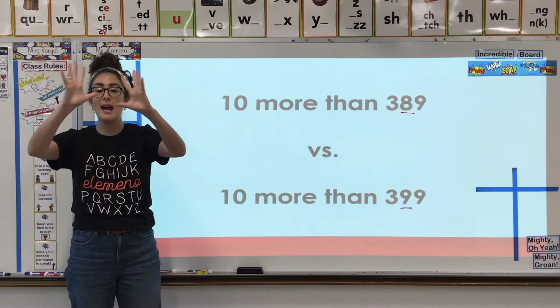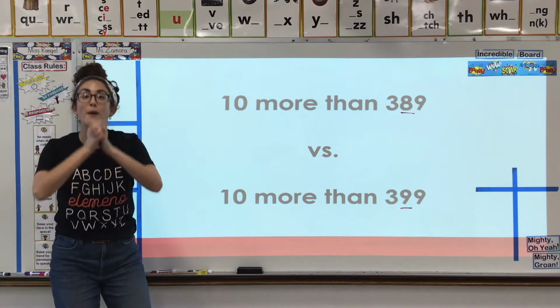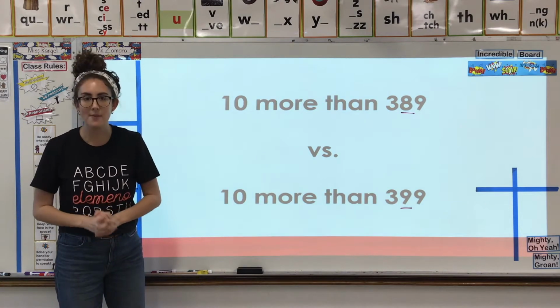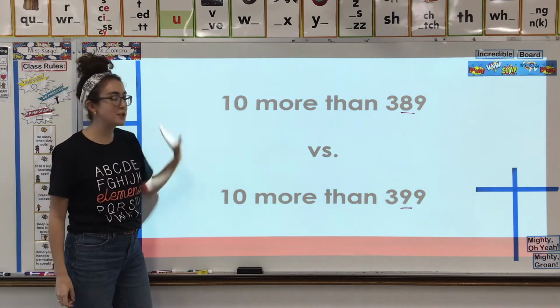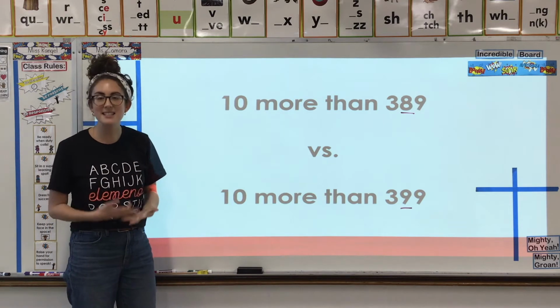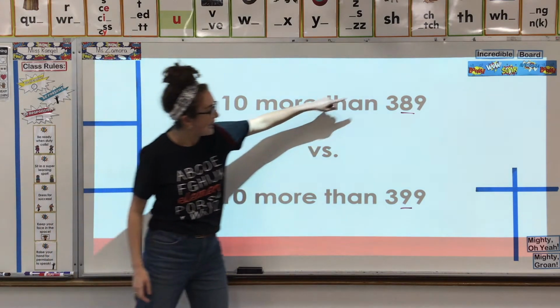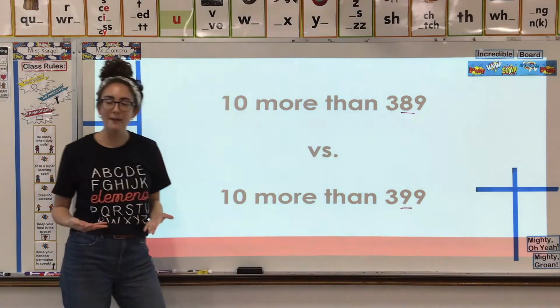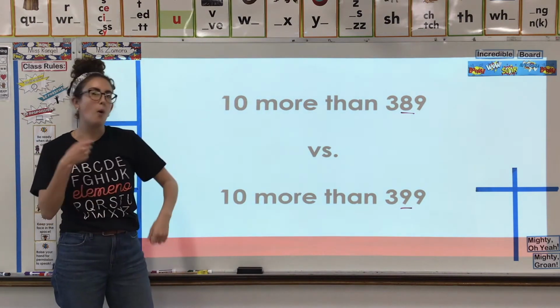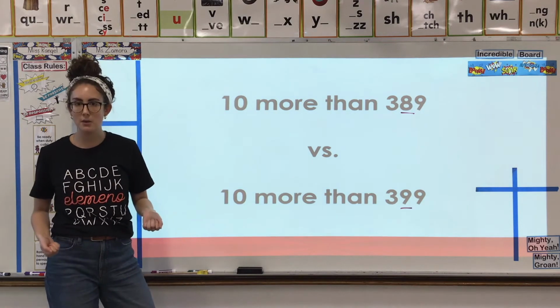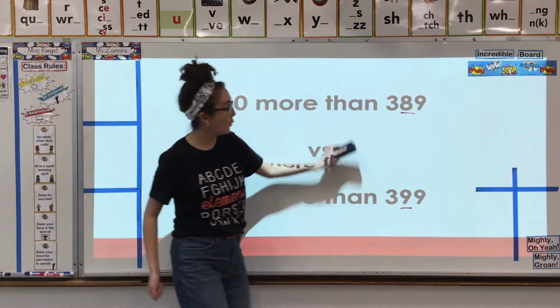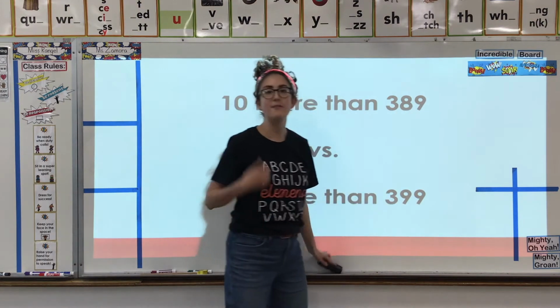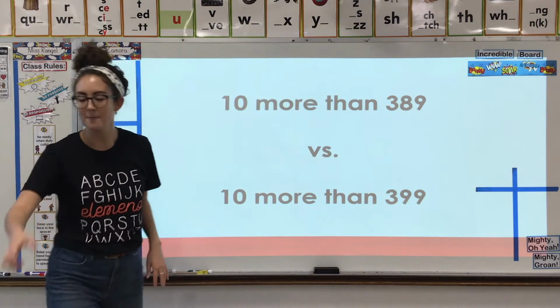And this means we have to bundle, exactly. So even though these two sentences were asking us to add the same amount, it depended on how many 10s we already have for us to figure out what strategy we needed to use. And this is something we are going to work on finding and doing today.